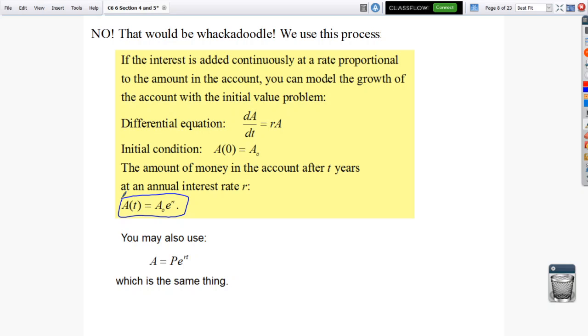Just like I said before, instead of referring to it as the initial amount, we call that the principal amount, so that we can get this nice formula that you learned last year. It's called the PERT formula because the amount is equal to the principal times e to the rt, where r is your interest rate, t is your time, and P again is principal.